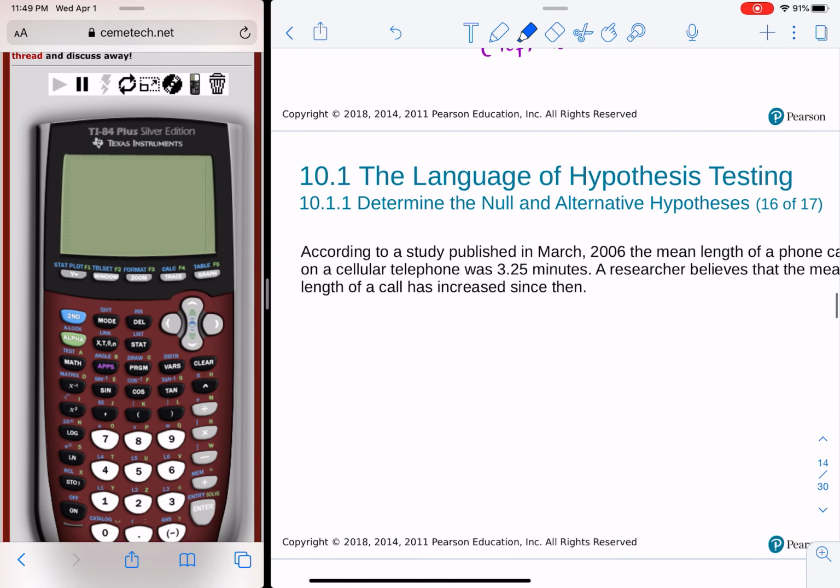So here is another case, which is the example where the average length of a phone call was 3.25 minutes, and the researcher believes that the mean length of a call has increased since then. So the status quo is 3.25, and the claim made by the researcher is that it has gone up from 3.25.